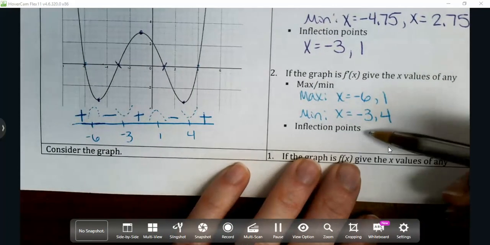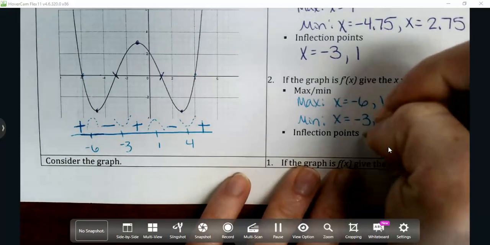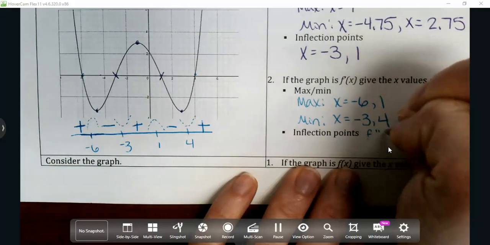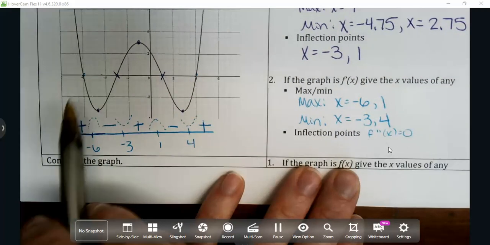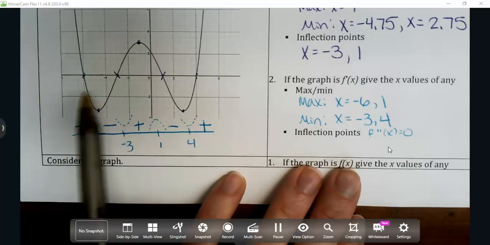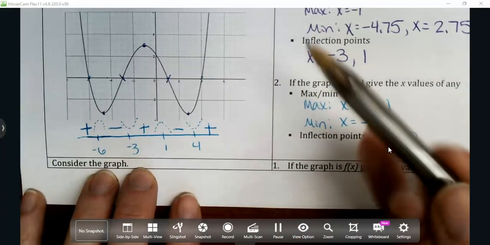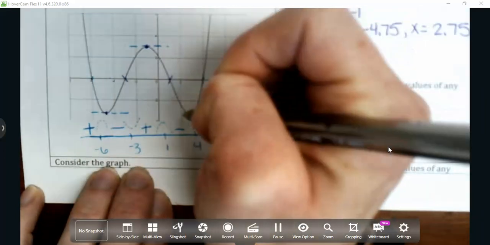So inflection points are where the concavity changes, or when the second derivative equals 0. If this is the first derivative, I'm asking when will the derivative of this be 0? So what do I need to look for on this graph? The maxes and mins. Anywhere we would have a horizontal tangent line, my derivative would be 0.